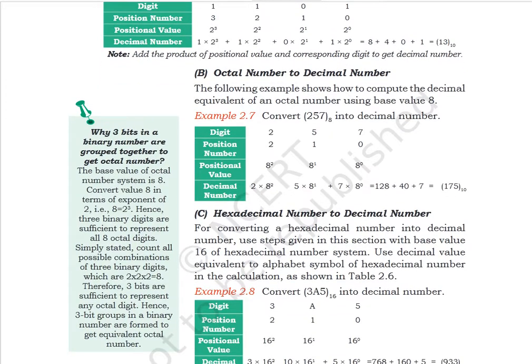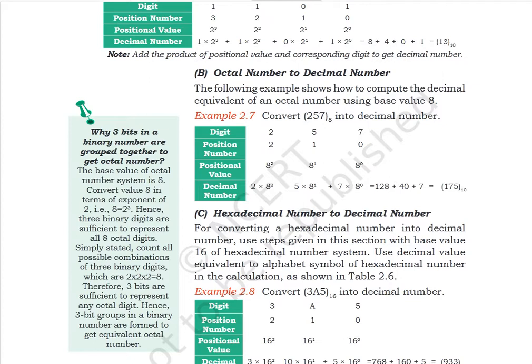Same procedure. The given octal number is 257 to the base 8. Now we have to convert it into its equivalent decimal number. What is the procedure? First write down the digits here, 2, 5 and 7, and the rightmost digit 7 is here. Positions are 0, 1 and 2.